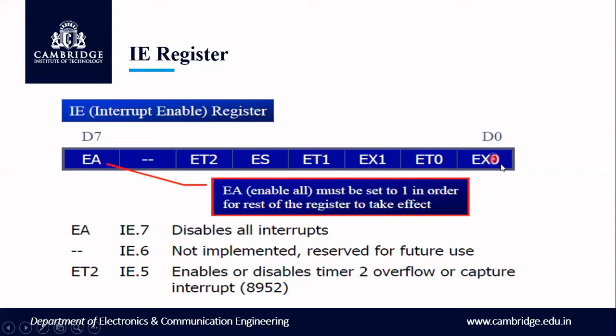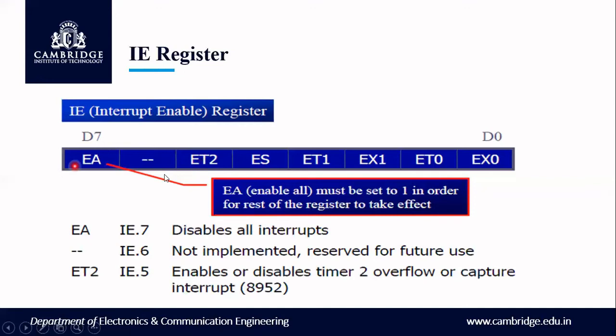We have EX0, which stands for external interrupt 0, and ET0, the timer 0 interrupt. Then EX1 is external interrupt 1, and ET1 is timer interrupt 1. Then ES is for the serial interrupt. ET2 we are not using; it enables or disables the timer 2 overflow or capture interrupt, which is used in the 52, that is the 8052 IC.